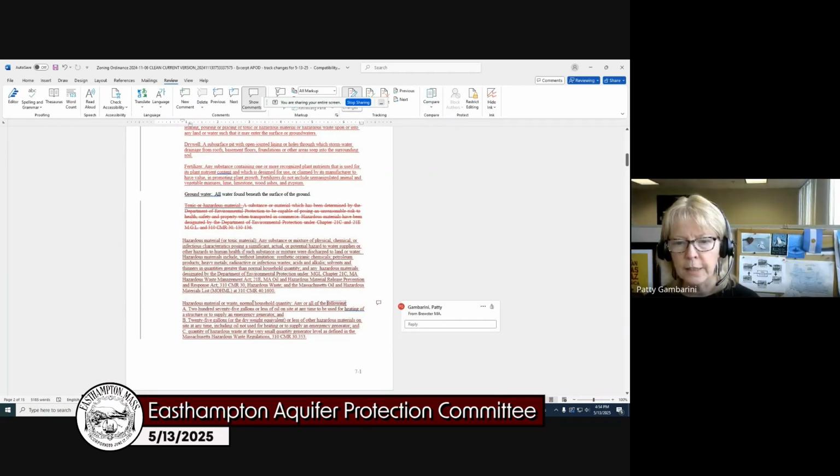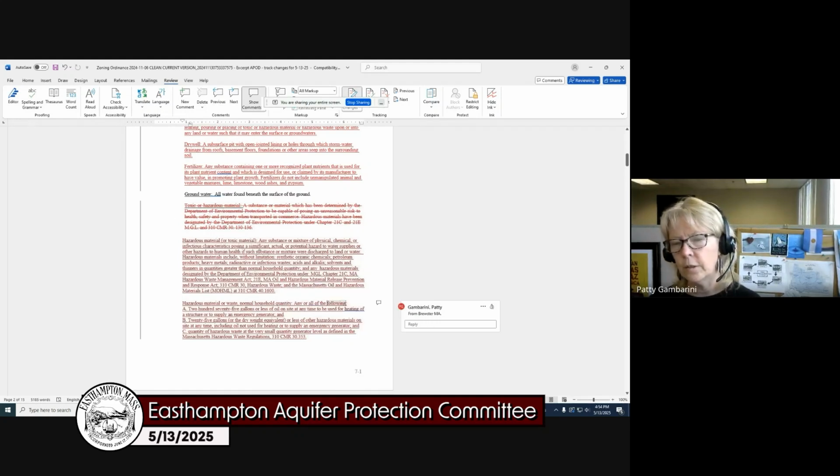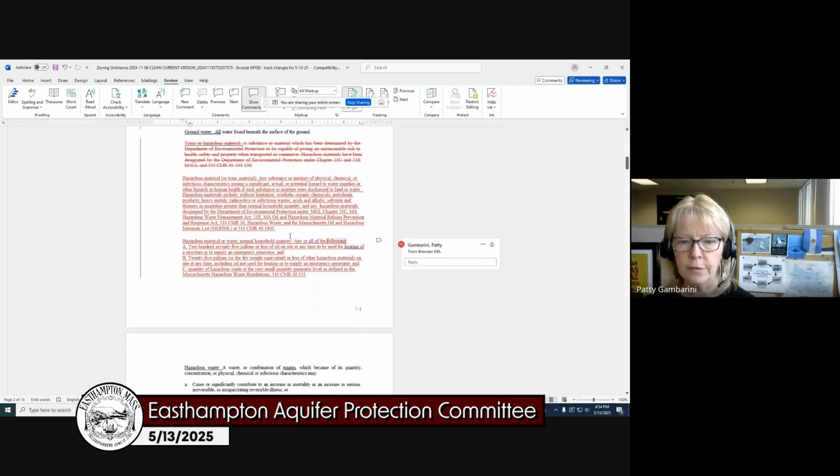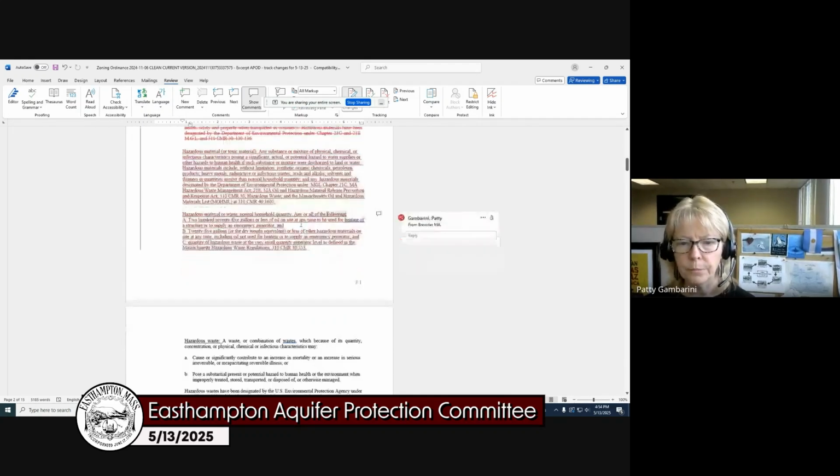So this was defining normal household quantity of hazardous material, what that is. This far more defines what toxic or hazardous material is in the definitions here than what was in the ordinance.